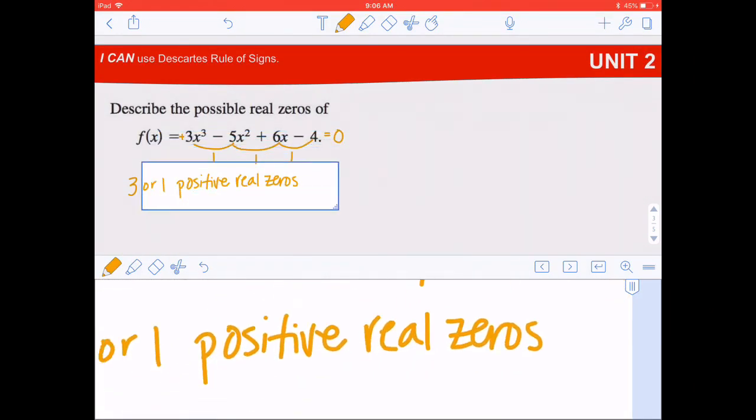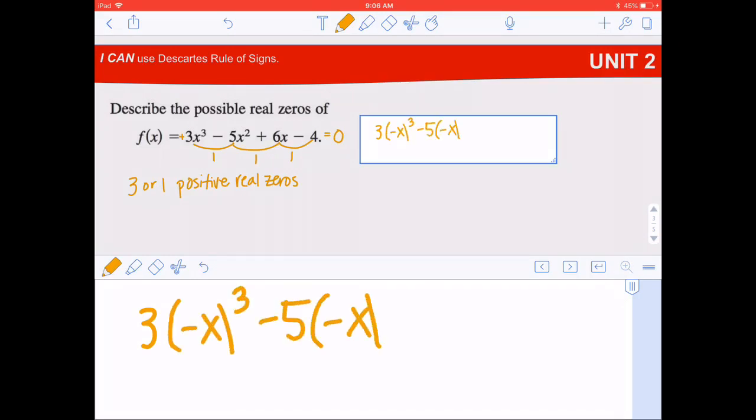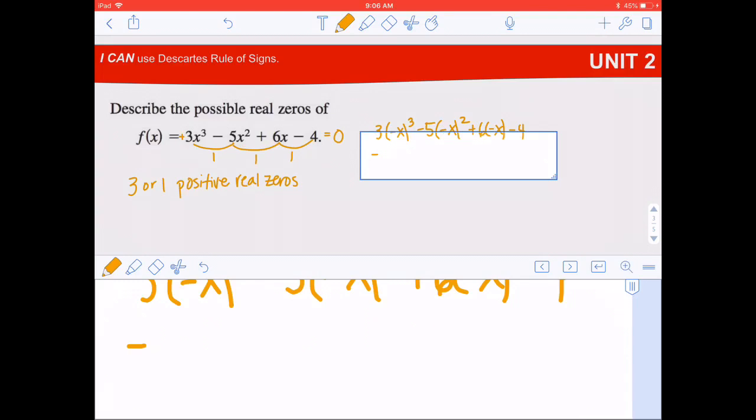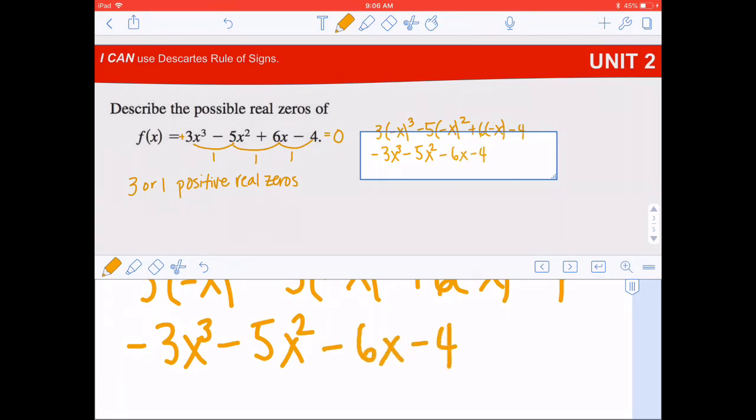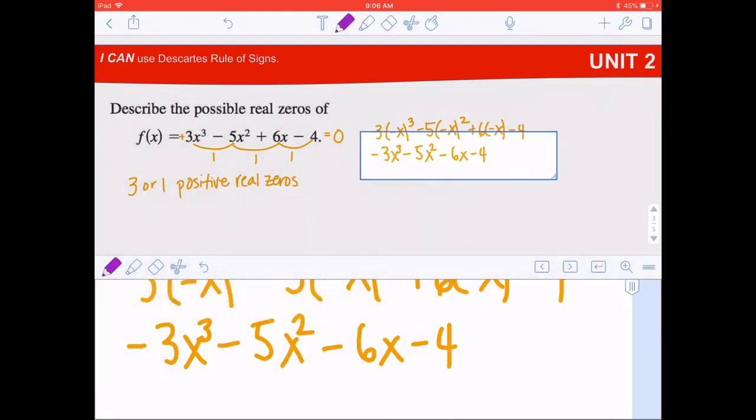And then we're going to plug in negative x to see how many negative solutions we'll have. That's going to become negative 3x cubed minus 5x squared minus 6x minus 4. And we see here that there is no sign changes.